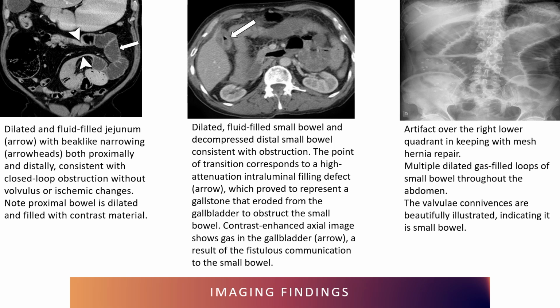In the second image, you have a fluid-filled small bowel and decompressed distal small bowel consistent with obstruction. The arrow shows a gallstone that eroded from the gallbladder to obstruct the small bowel. And in the third image, you can see those small little gray dots over the right lower quadrant. It is representing hernia repair.